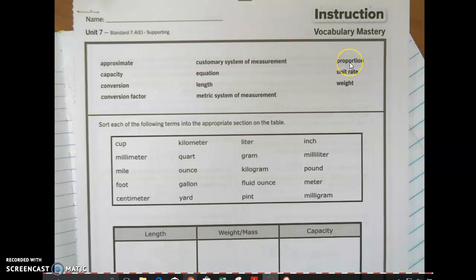Proportion. What's a proportion? It's at the beginning of your note.